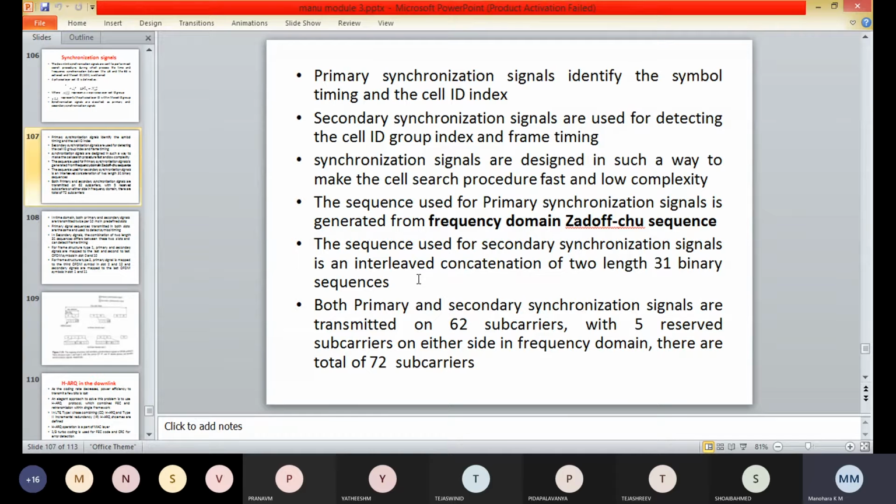So there are a total of 72 subcarriers occupied by the synchronization signals, corresponding to the narrowest bandwidth supported by LTE, that is 1.4 megahertz.